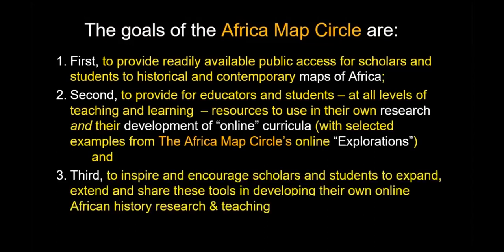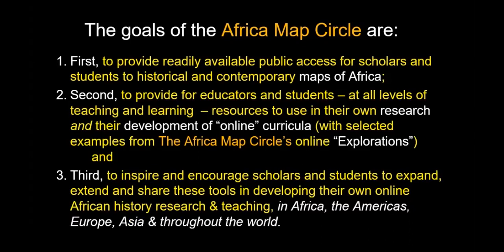And third, to inspire and encourage scholars and students to expand and extend and share these tools in developing their own online African history research and teaching in Africa, the Americas, in Europe, Asia, and in fact, throughout the world.